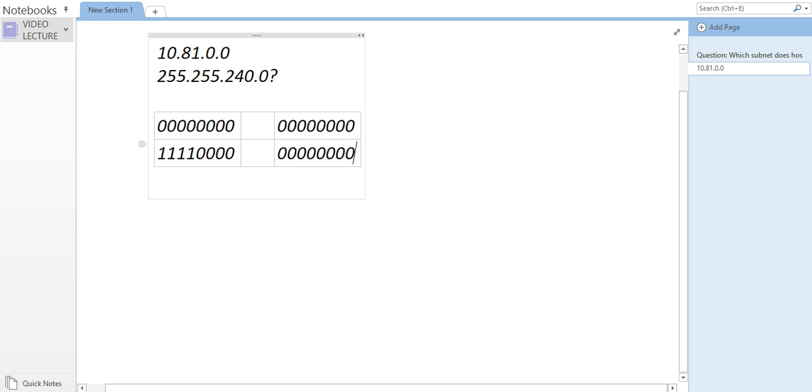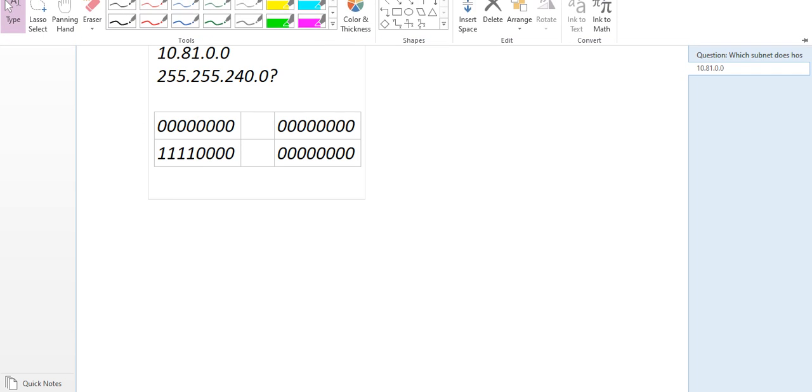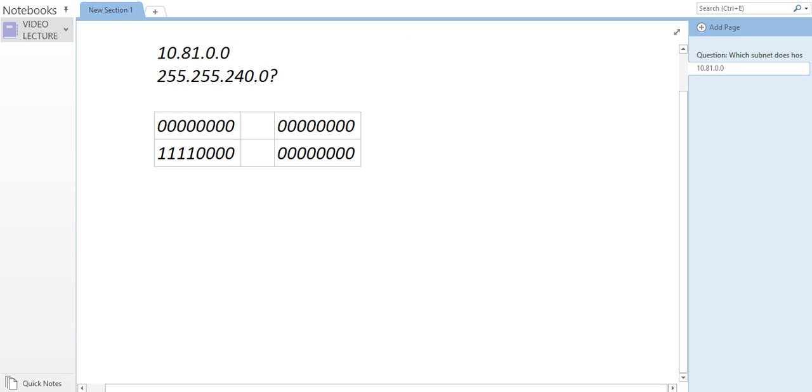Alright, so that's it. Now you don't need to AND anything. You just need to know the number of bits that are left in this portion. We have 4 bits borrowed in the third octet and 4 remaining. So we have to get these 4 remaining bits. I can draw something here also just to make things easy for us, a line demarcation.